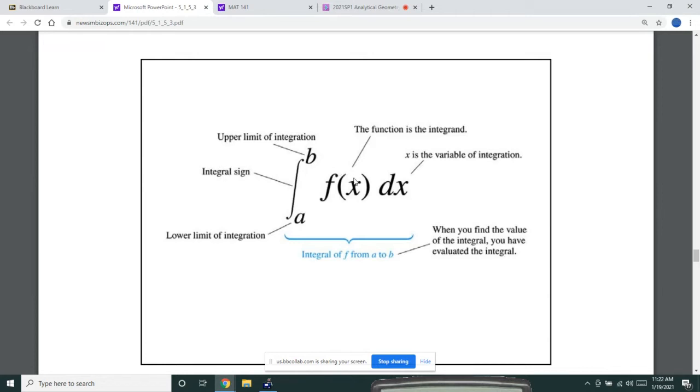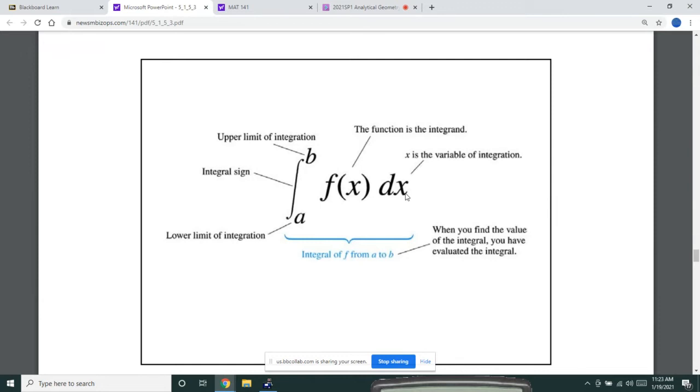Now, f of x, that's your function. dx, or x, is the variable of integration. Keep in mind that every integral must carry a variable of integration. In this class, we're going to integrate on both the x and the y-axis.